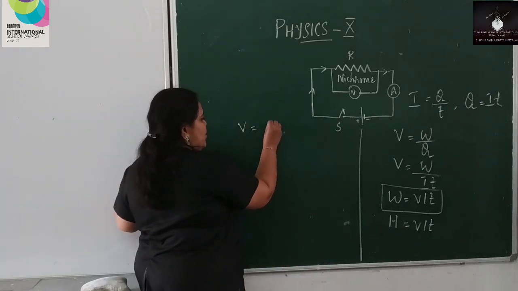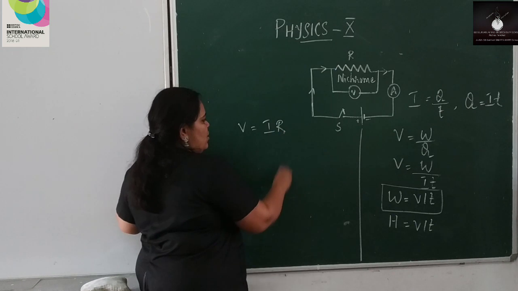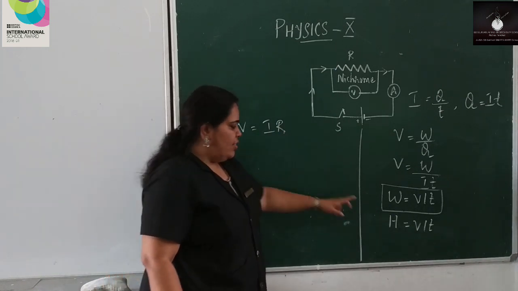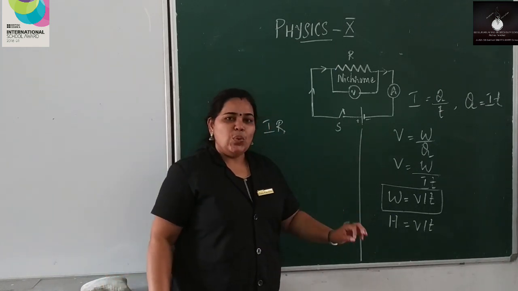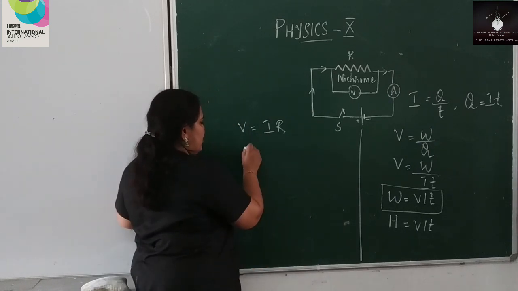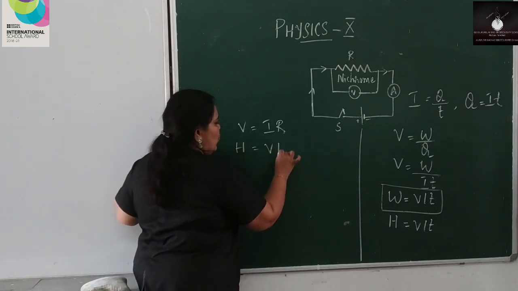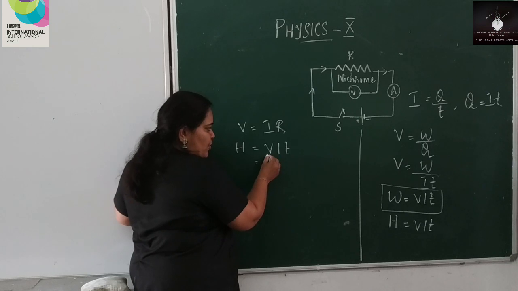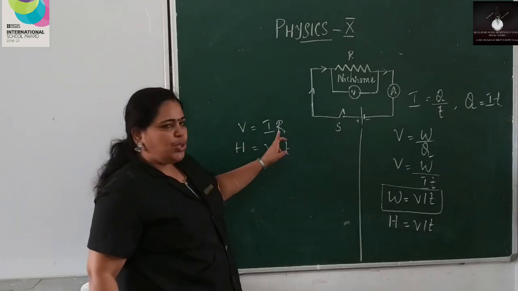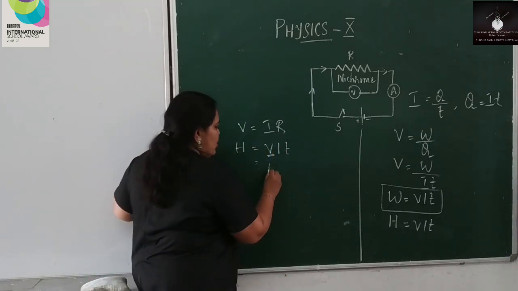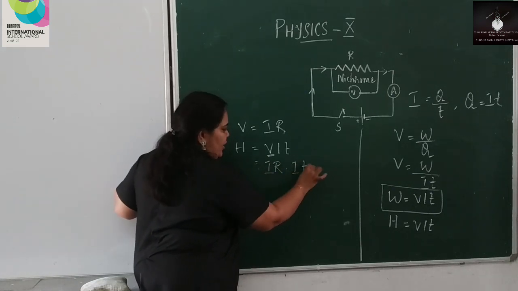According to Ohm's law, V is equal to IR. Substitute the value of V in the equation H is equal to VIT. Instead of V, you substitute IR. So IR into what is remaining? IT.